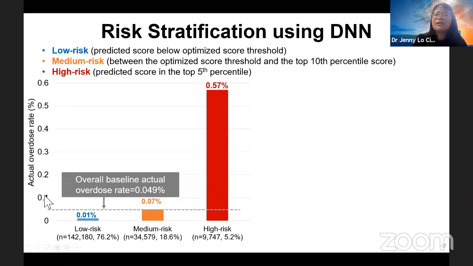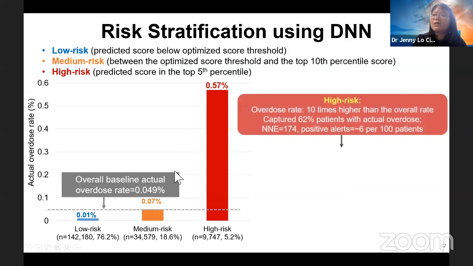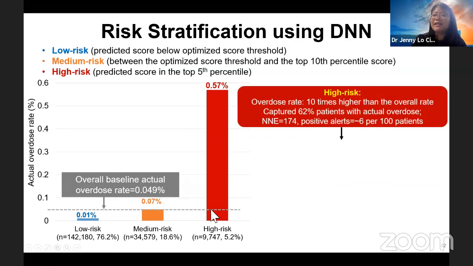In this case, our prediction algorithm can identify 76% as low risk, and the low risk group is lower than this line, which is good, what we want to see. But look at the high risk group. It's more than 10 times higher than this baseline rate.